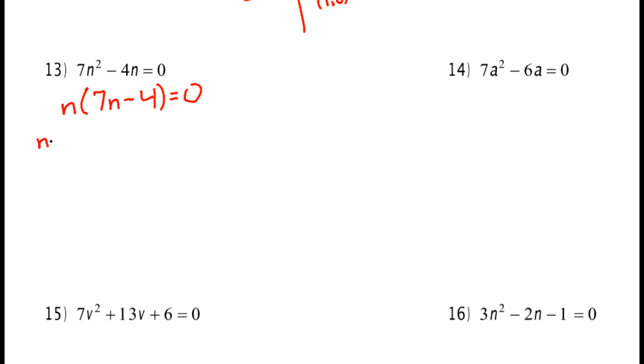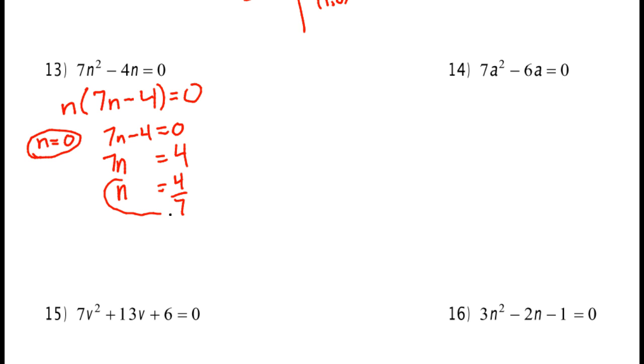So I get n equals 0. 7n minus 4 equals 0. So I got one answer, n equals 0. Solve this other one. Add 4 to both sides. 7n equals 4. Divide by 7 on both sides. N equals 4/7. So I got my 2 x-intercepts.